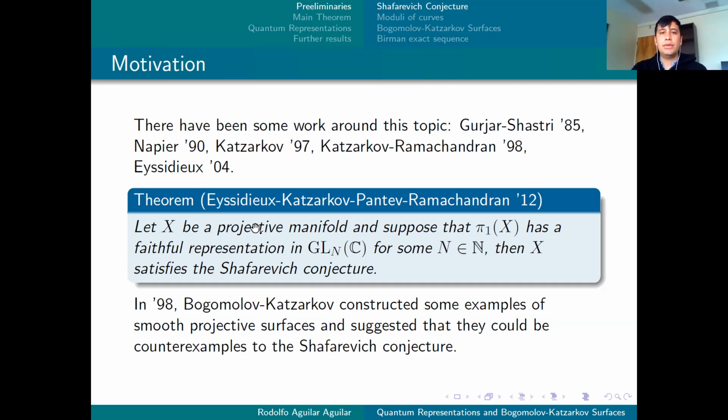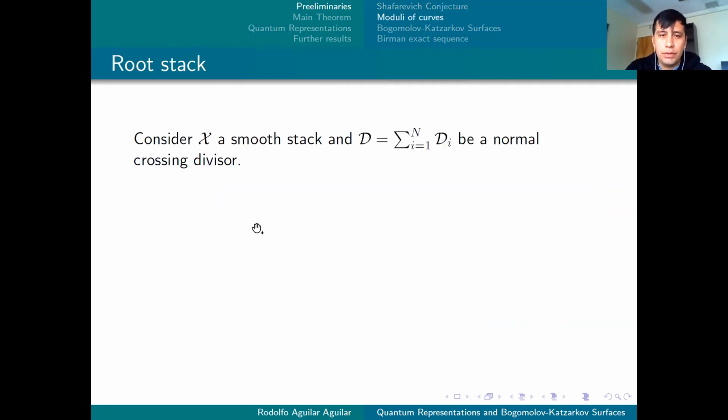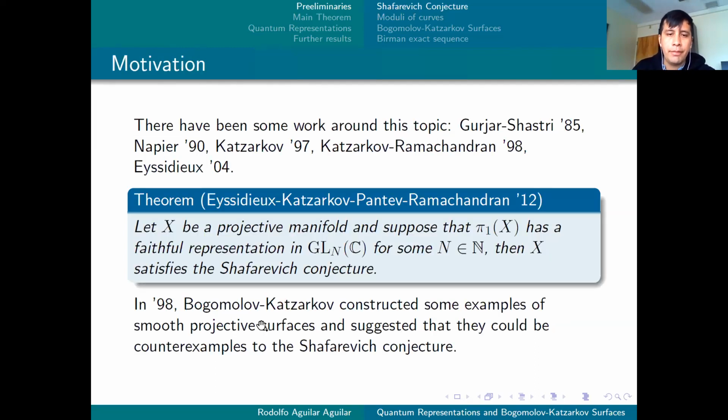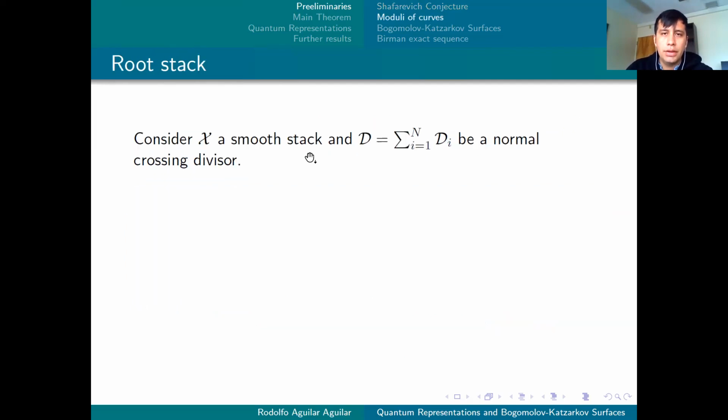So now let me try to review the construction of these surfaces. But now I will use the language of Eyssidieux-Funar. So I will not use the original construction of Bogomolov and Katzarkov. I will start by defining what a root stack is.